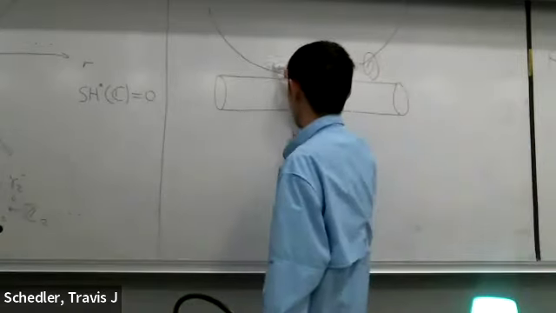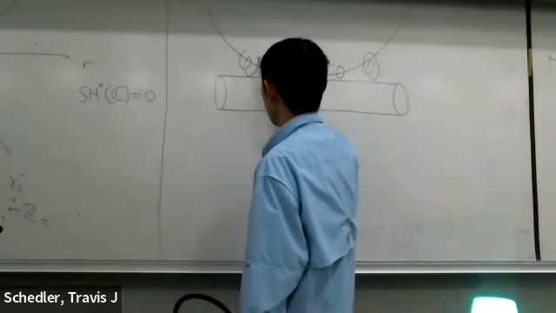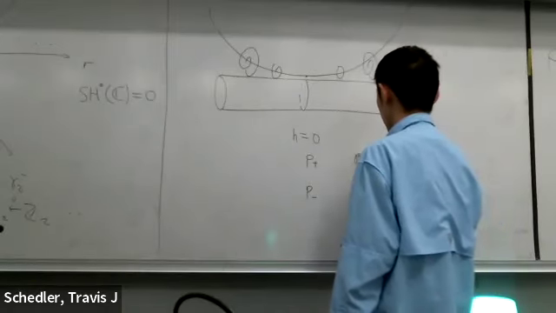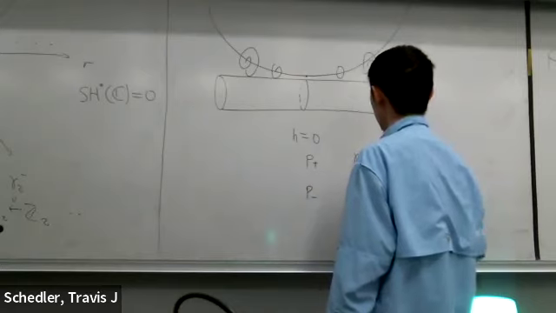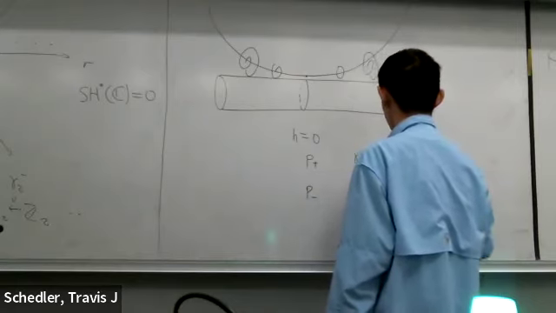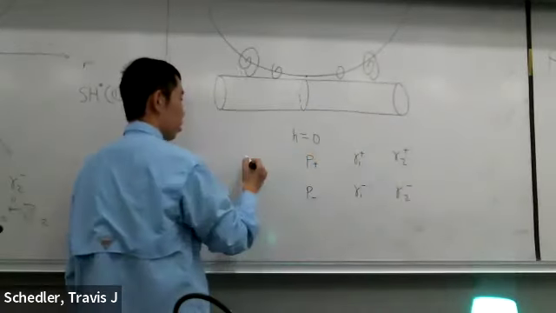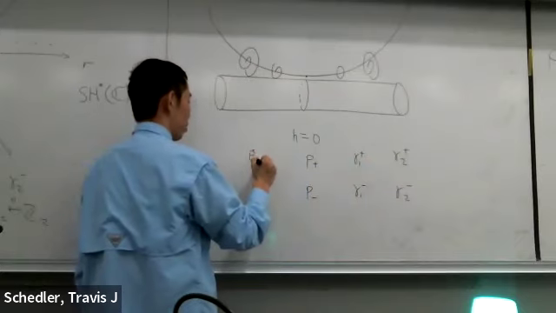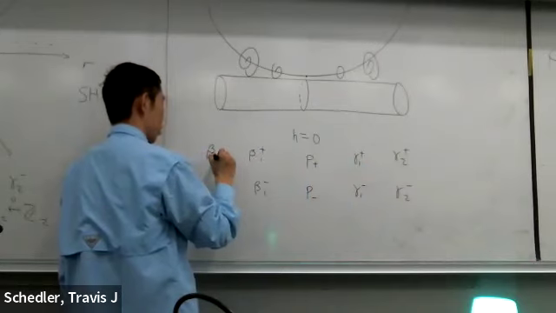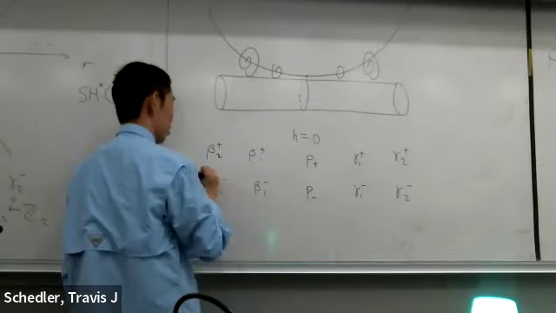And in this direction, wrapping around once, but in the opposite direction, wrapping around twice. Okay, so gamma 1 plus, gamma 1 minus, gamma 2 plus, gamma 2 minus, and here we have beta 1 plus, beta 1 minus, beta 2 plus, beta 2 minus, and so on.